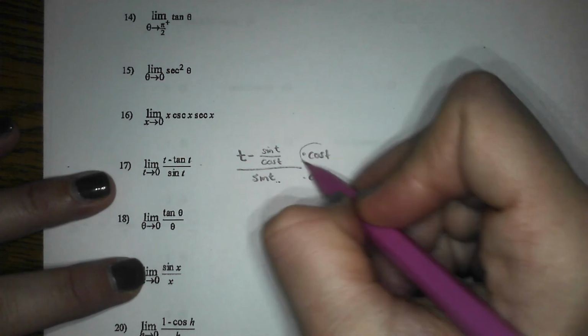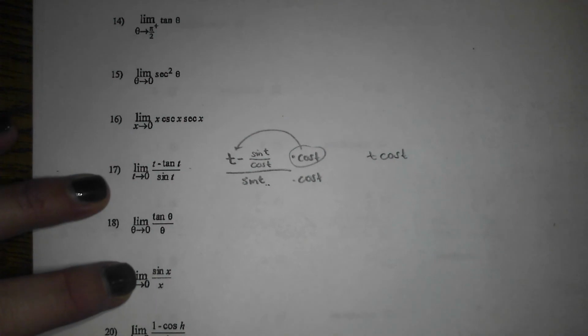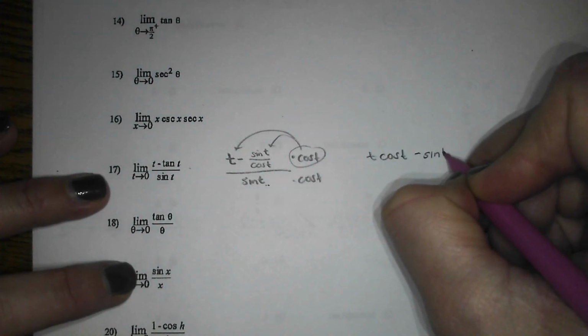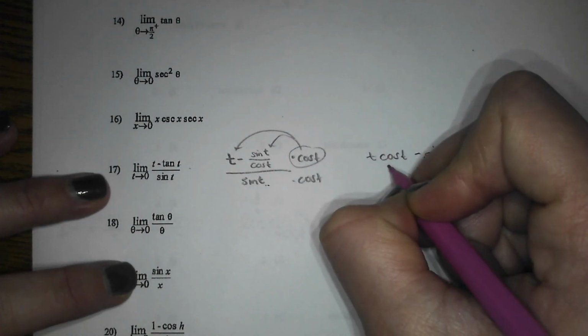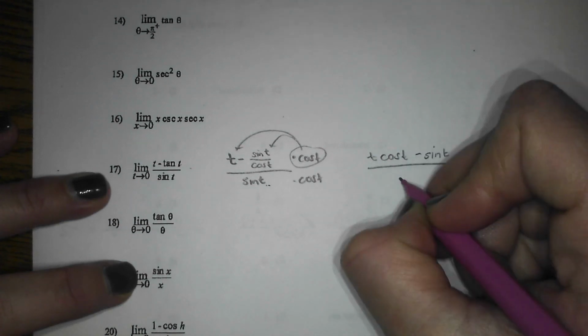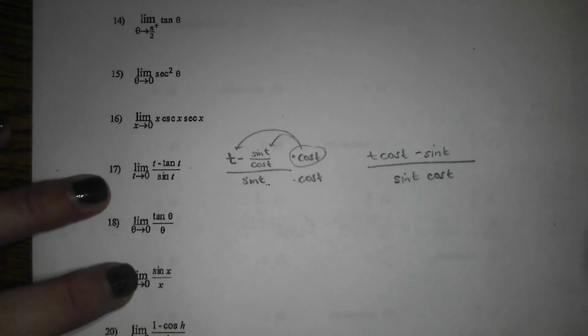So up top, we have to distribute that. So it's going to be t cosine t minus sine t over sine t cosine t.